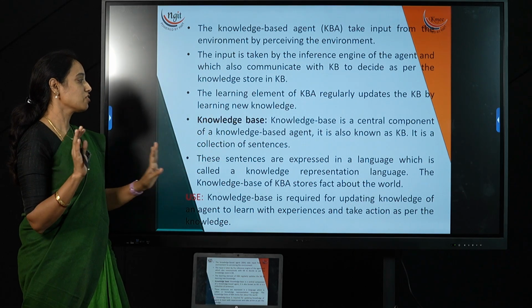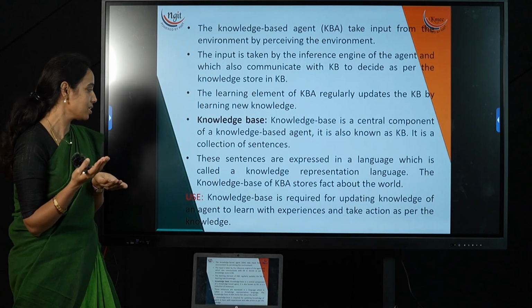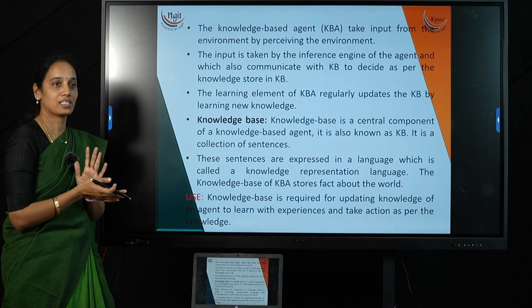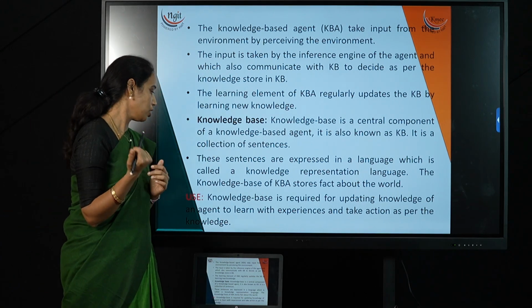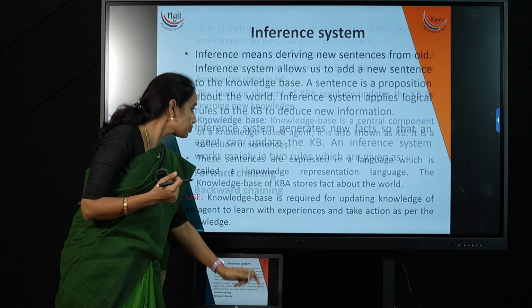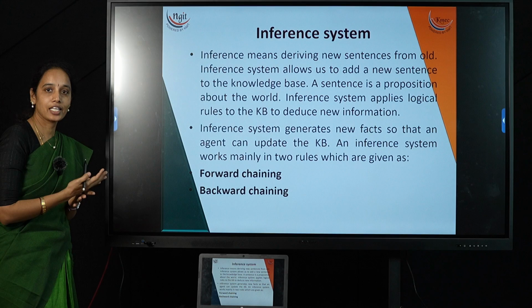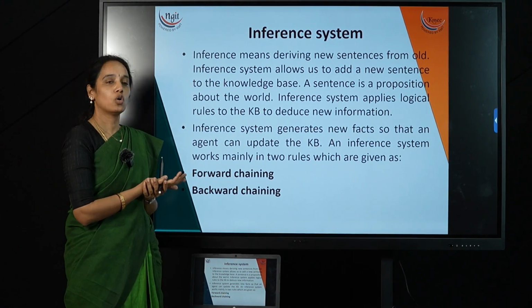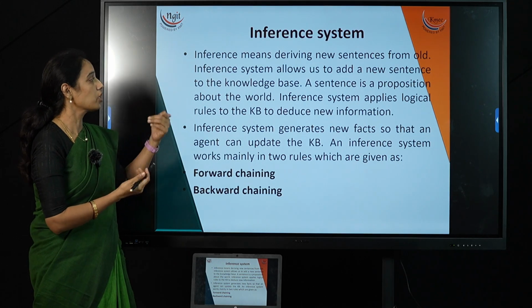It is a collection of sentences. The sentences are expressed in a language called a knowledge representation language, and it stores the facts about the real world. Coming to the inference system, inference means deriving new sentences from old ones. That is, it allows us to add a new sentence to the knowledge base.